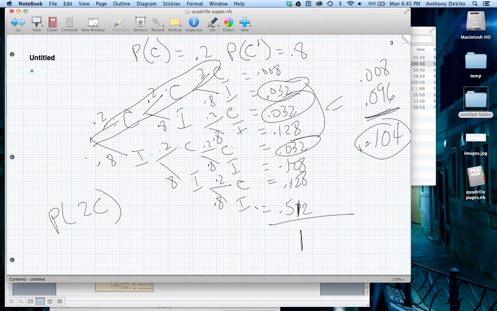Well, given that he told me I got at least 2 right, I'm sure of it. But I have no idea on the third question. What's the probability that he got all 3 right? Well, we already know that the probability that he got 2 or more right is 0.104. What's the probability that he got that third one right as well, given that he already has gotten 2 right?